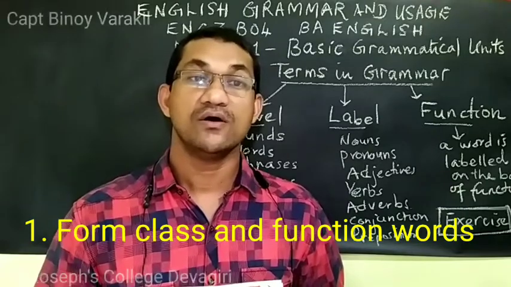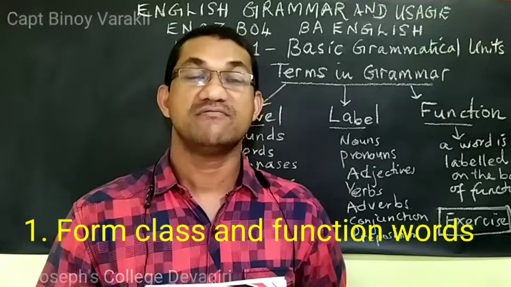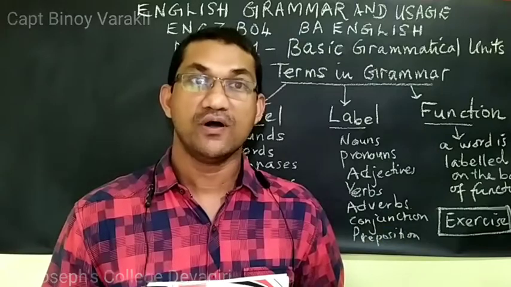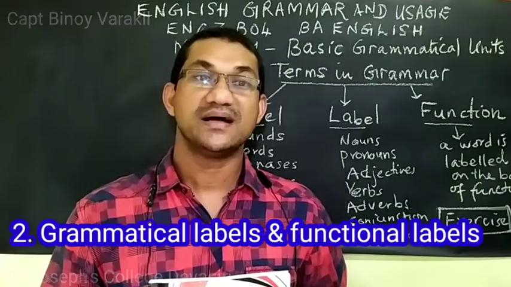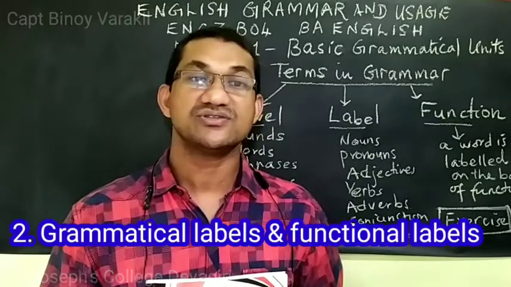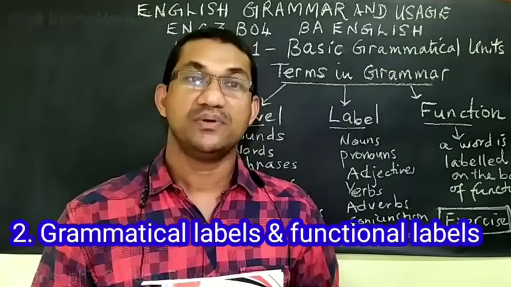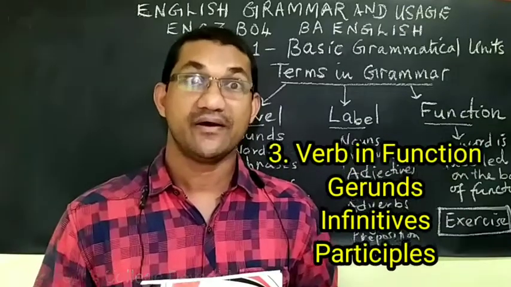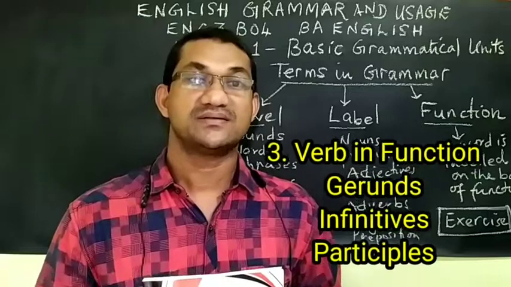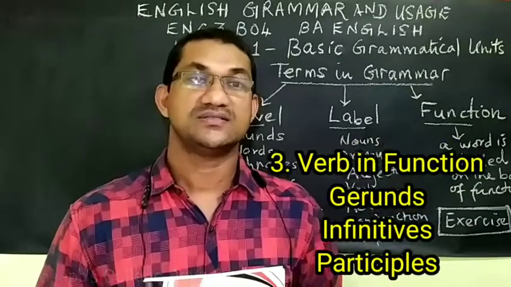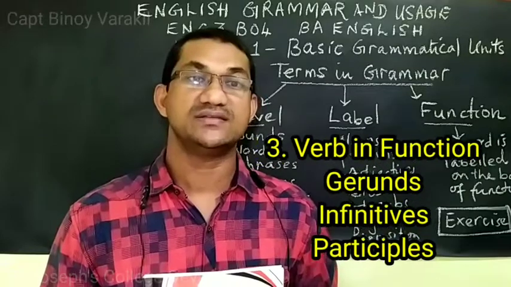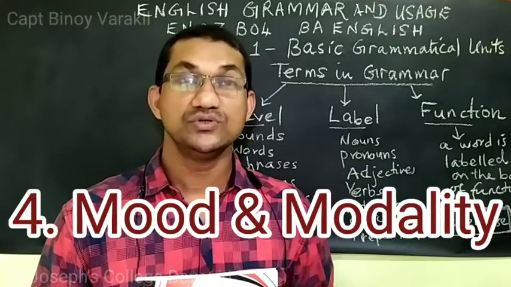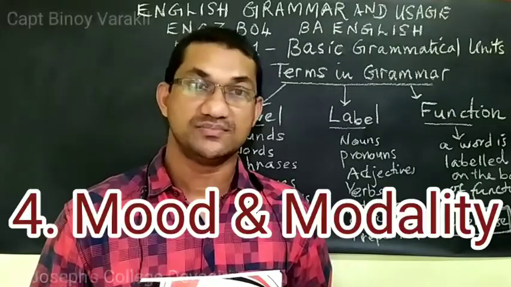Section 1 is on form, classes and function words. Section 2 of module 1 is about grammatical labels and functional labels. Topic number 3 is about verbs, gerunds and the participles. Section 4 is about mood and modality, that is, the uses of the modal auxiliary verbs.